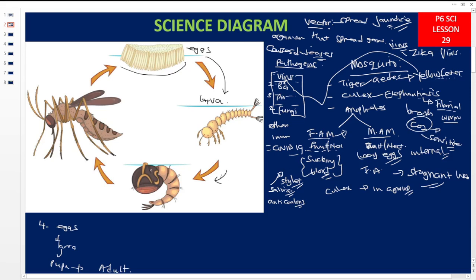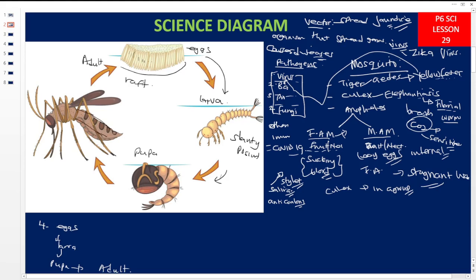Then the larva is going to turn into this one, which is the pupa, and the pupa is going to give us the adult. Now these eggs are in a raft. This larva is slanted, so it is in a slanted position on water. And this one has its abdomen like this.